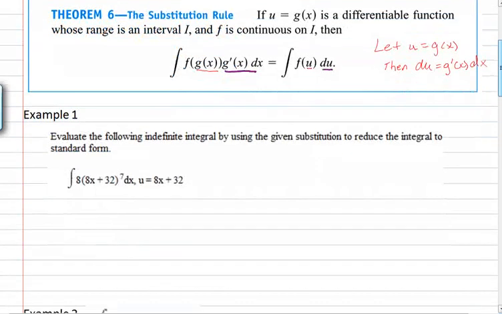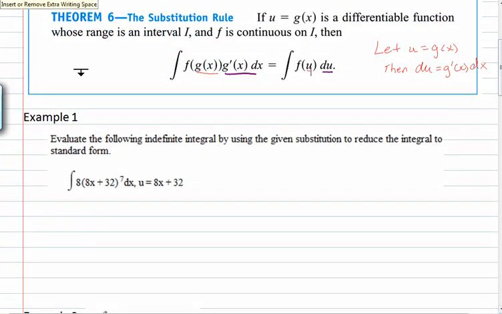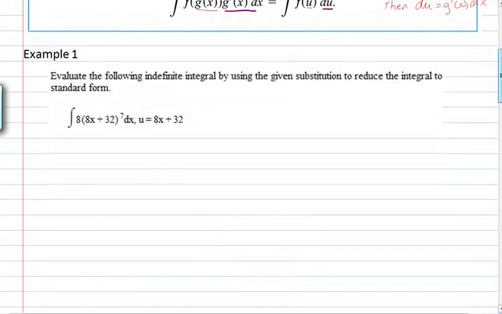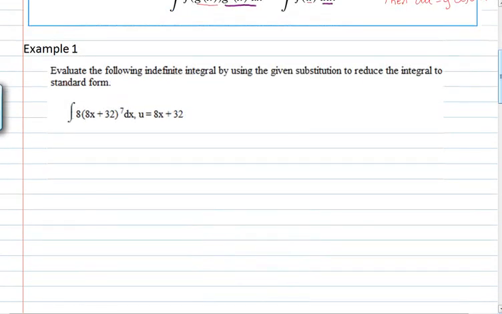In this first example, I tell you what to let u be equal to. That will never be the case in the rest of the course. So in this problem, if we let u be equal to what's being raised to the 7th power, then what's our du going to be? 8 dx.